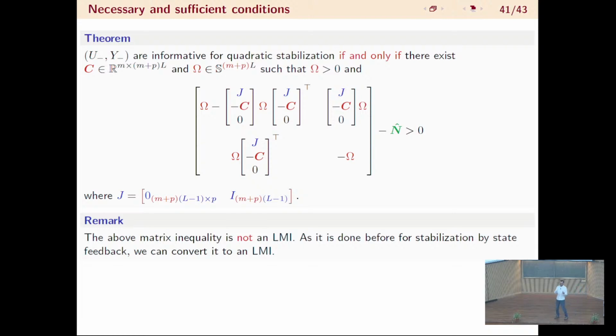Sometimes you have a QMI where the unknown appears after being multiplied by a matrix. There, I can use the projection result to write it down as another QMI.